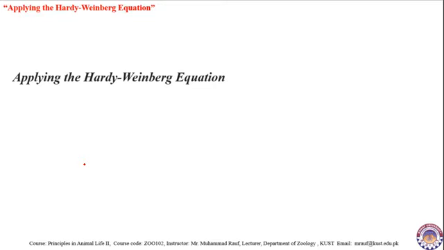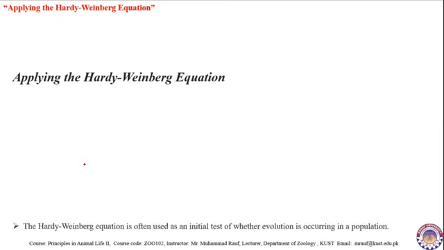So the Hardy-Weinberg rules or principle or theorem does not apply to a natural population. Then why are we discussing it here? Either because it has historical importance or it does have applications in other areas. So here we will explore what the applications of this equation are.